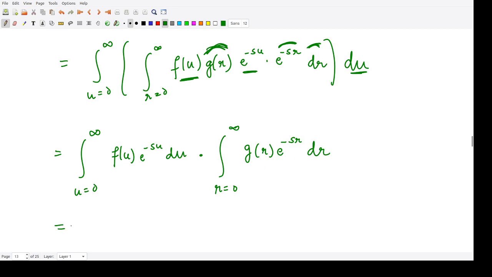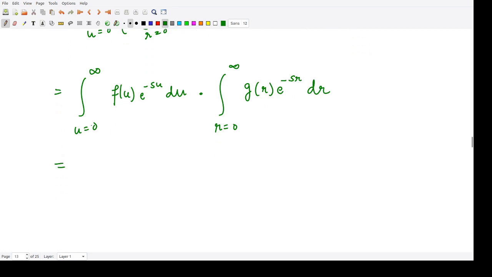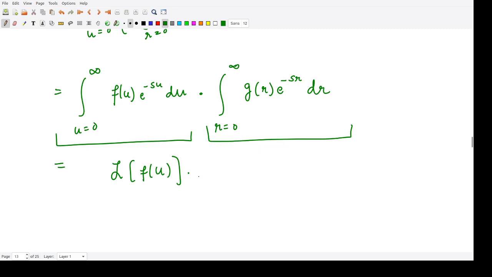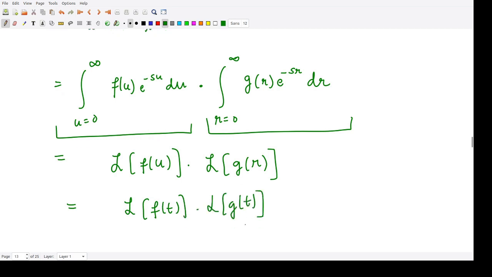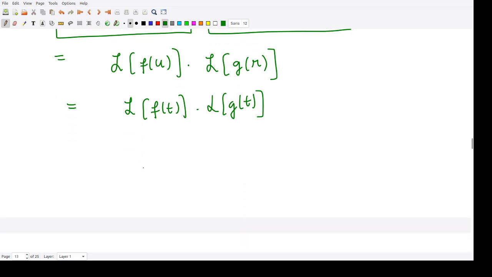According to the definition of the Laplace transform, this is nothing but the Laplace transform of the function f of u, and this is the Laplace transform of the function g of r. Now you could also change the variables, so it would be the Laplace transform of f of t and the Laplace transform of g of t. There is no harm in doing this. It is given that the Laplace transform of f of t is capital F of s, and the Laplace transform of g of t is capital G of s.